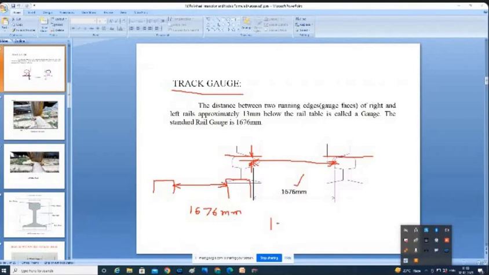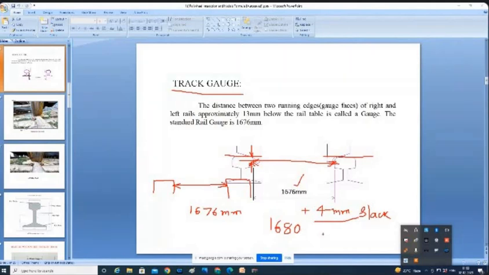Suppose in the derailment spot you went there and measured it as 1680. So it is 4 mm slack. You have to call it plus 4 mm. How do you get 4 mm? 1680 minus 1676, so it is called 4 mm slack. Slack means more than 1676.